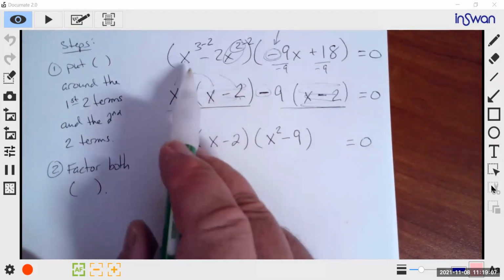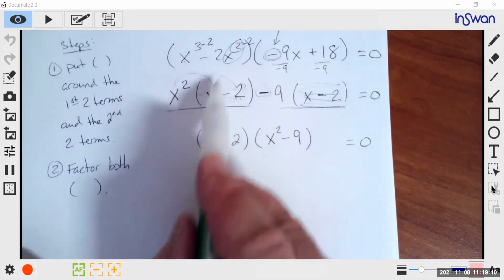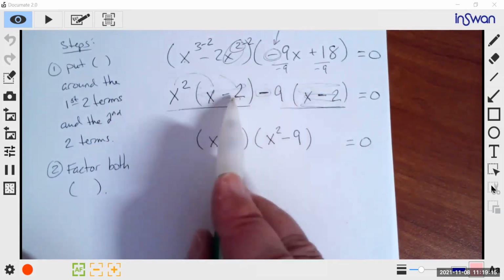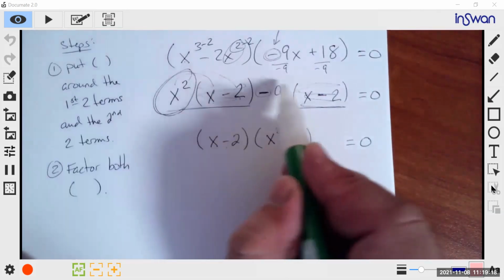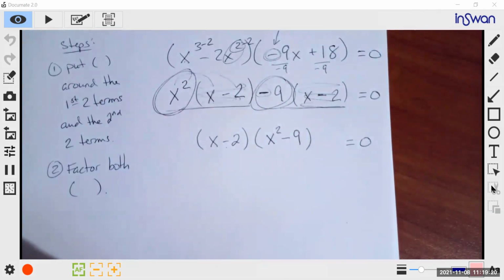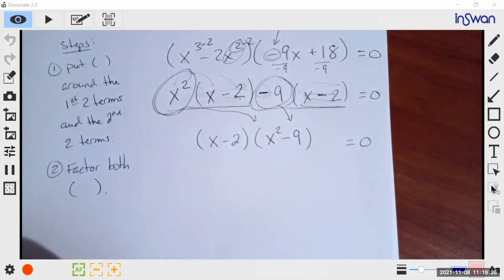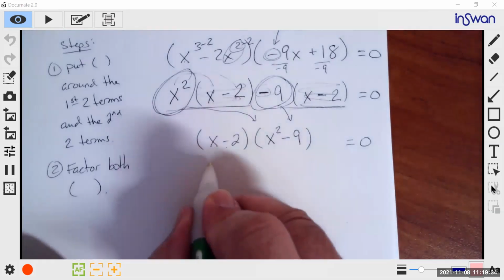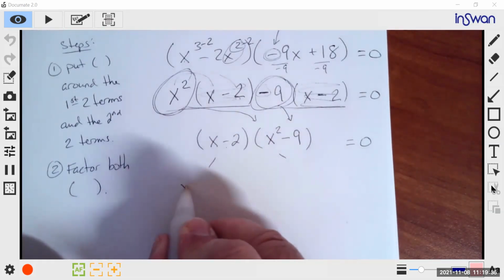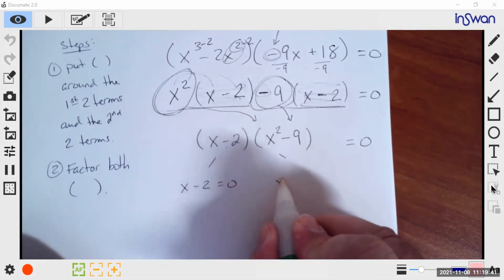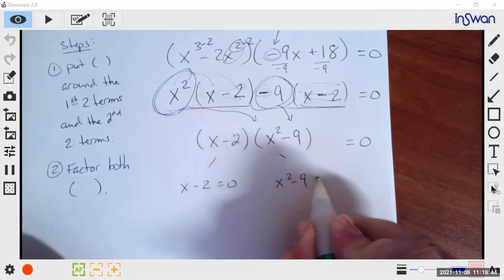So once I put parentheses in both of them, factor out what I could. Now I only have two terms. I factor out what they have in common, which is x minus 2's. Whatever I have left goes inside the second parenthesis. Now what do I do? Now I solve them. x minus 2 equals 0. x squared minus 9 equals 0.